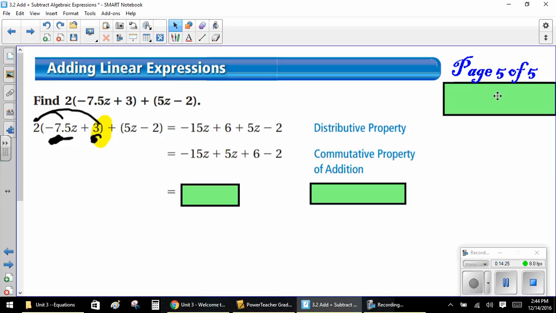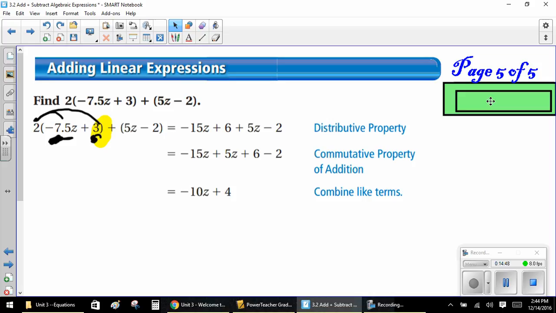You're just moving to and from. So my final solution, I'm going to take negative 15 and 5z. So I'm going to take 15 and 5 and subtract because my signs are different. So I get negative 10z plus 6 minus 2, or 6 plus negative 2 is a 4. And that's my combining like terms step.